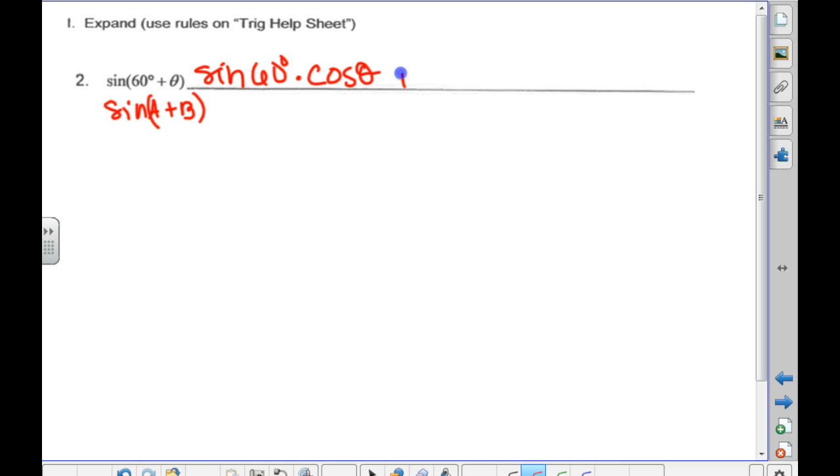Then it says plus cosine of A, which is cosine of 60, times sine of B, and our B is theta. All right, like I said, the trades aren't very pretty. When we flip this over, what is the sine at 60 degrees?